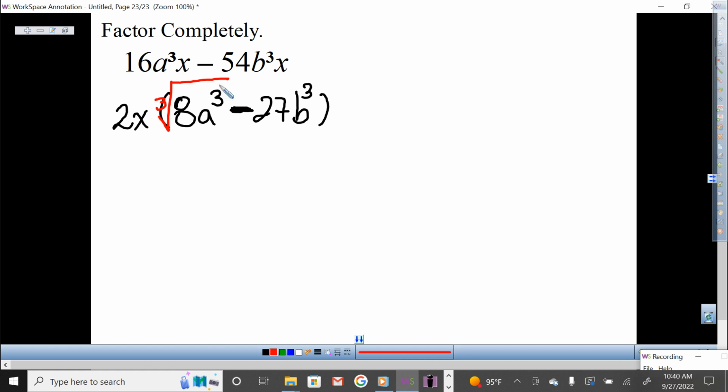What's another way of writing that, Victor? 2 to the third power and a to the third power, which is what? 2a to the third power, yes. How about this one? Let's check this one. Can we take the cube root of that? Yes. Tell your neighbor how to write that as a cube.